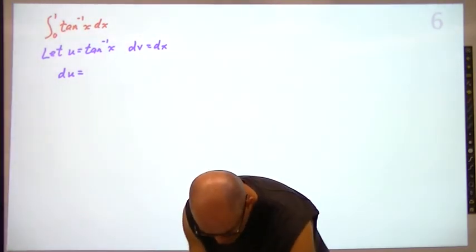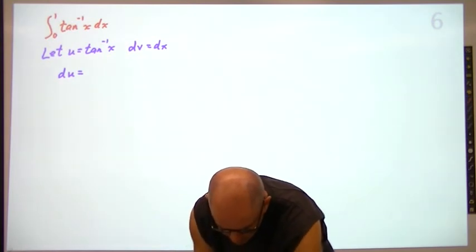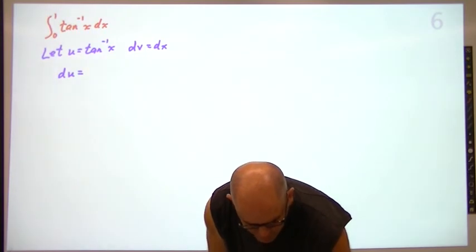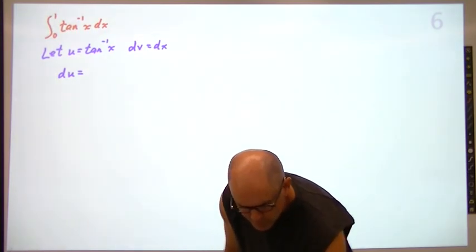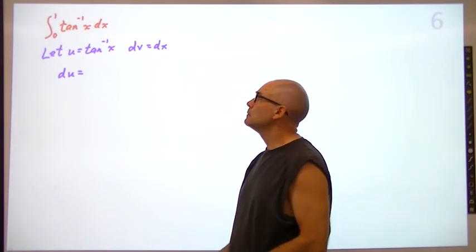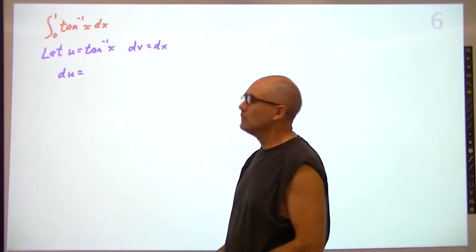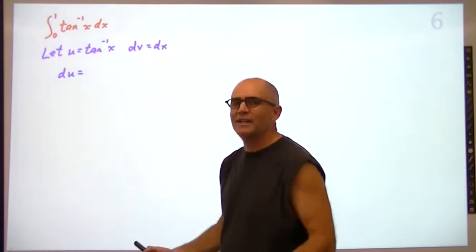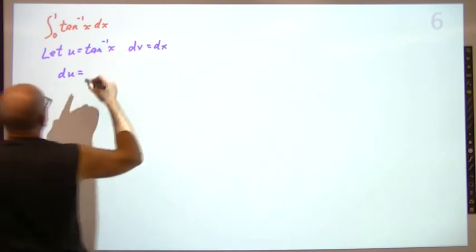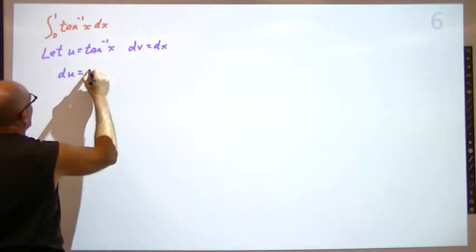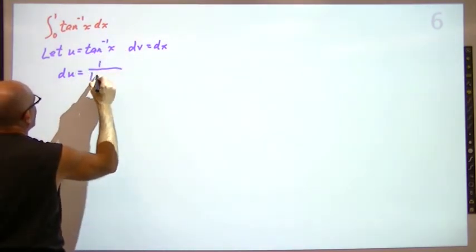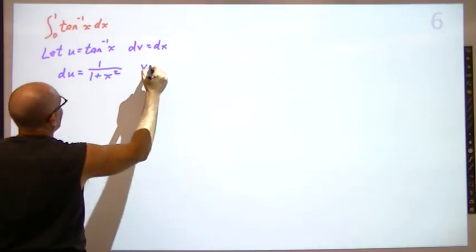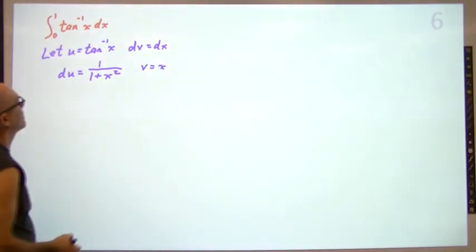Now, what is the derivative of inverse tangent? I'll wait till you get it. Okay, I know everybody got it by now. It's too easy. The derivative of inverse tangent is 1 over 1 plus x squared. And then v is just x.